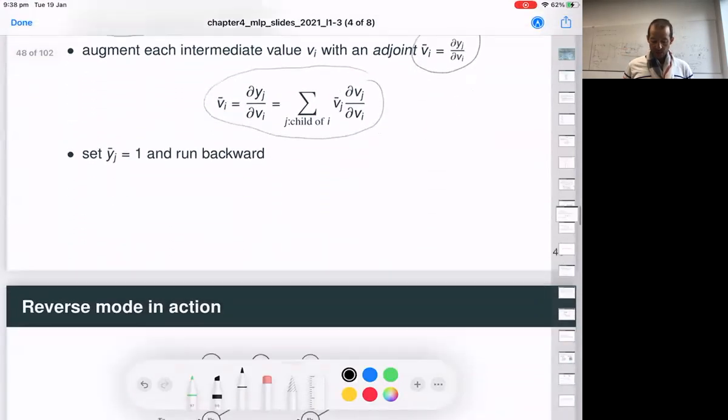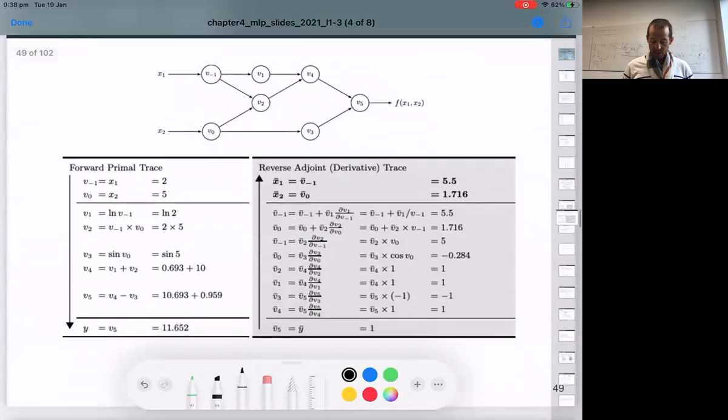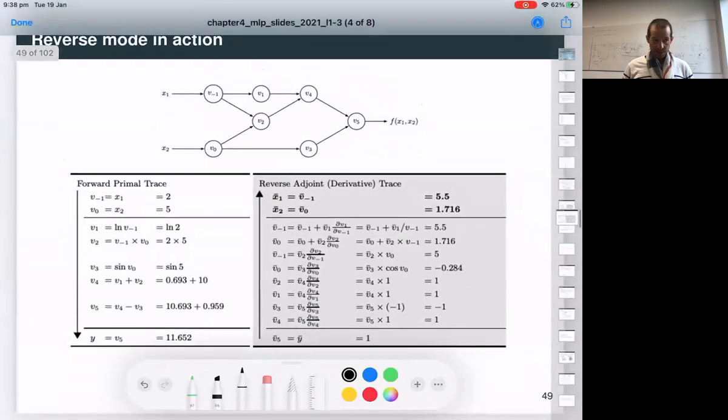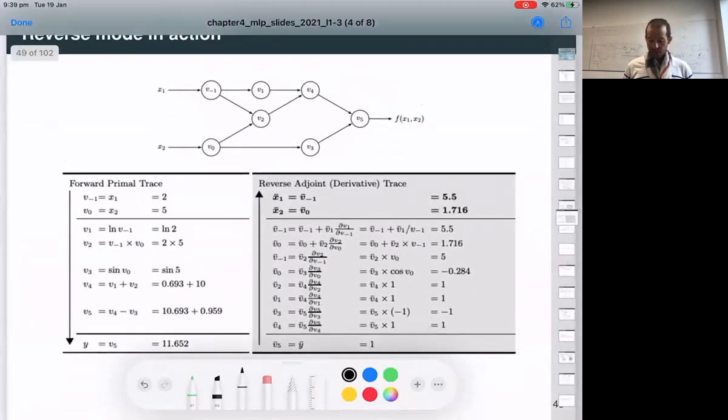So if we do this in action, it will be easier. So this is a table from the paper. You can go through the paper if you want more details, but I think you will be able to understand this part.